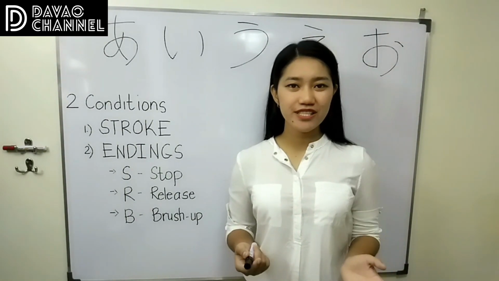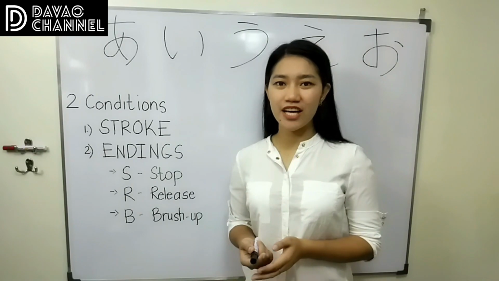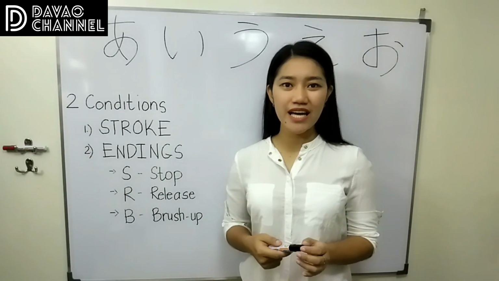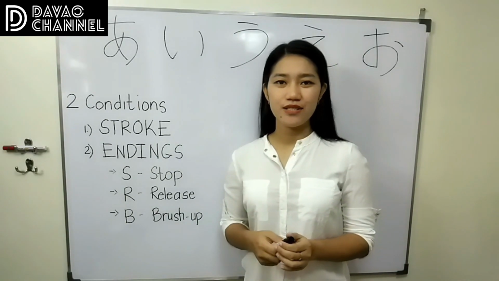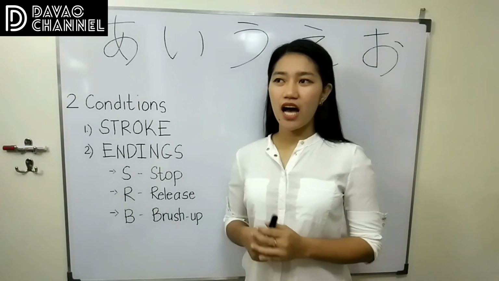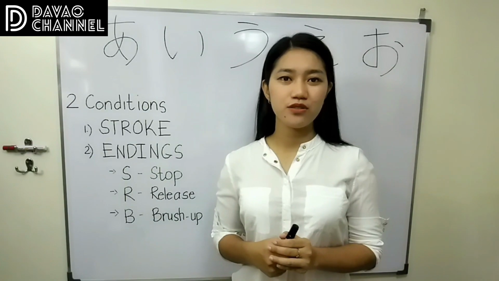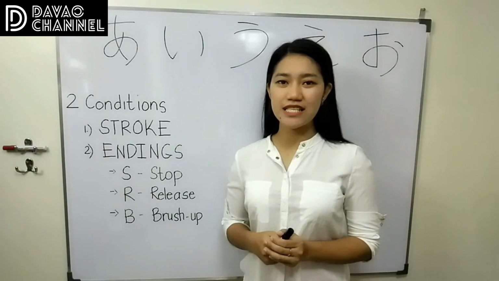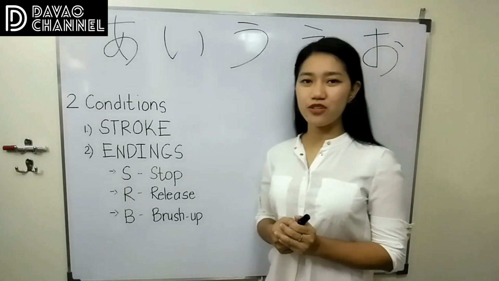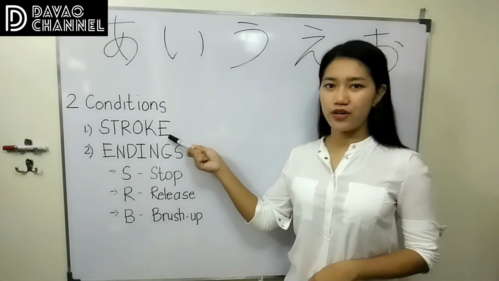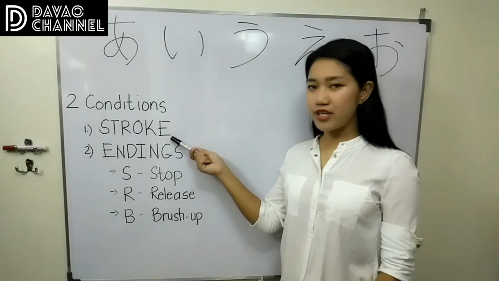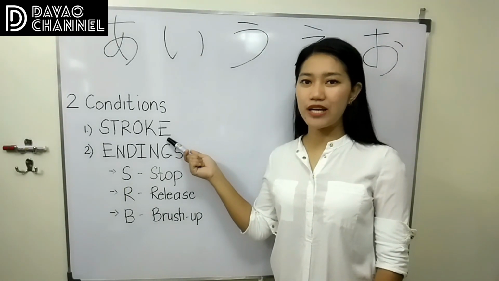So, let's proceed to another level of our discussion, which is on how we are going to correctly write our letters. But before that, I am going to introduce to you the 2 conditions or factors that we should remember in writing our letters. The first condition is the stroke. Stroke will give us the flow or the order on how we are going to write our letters.